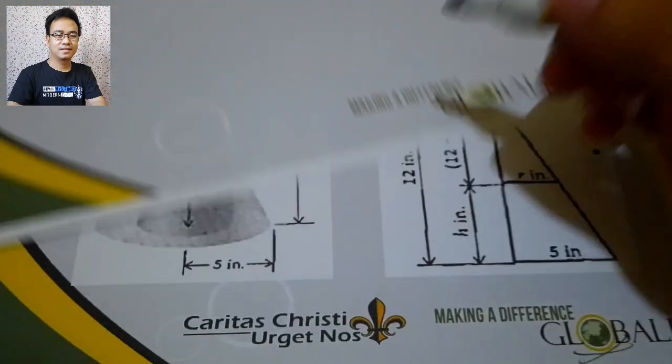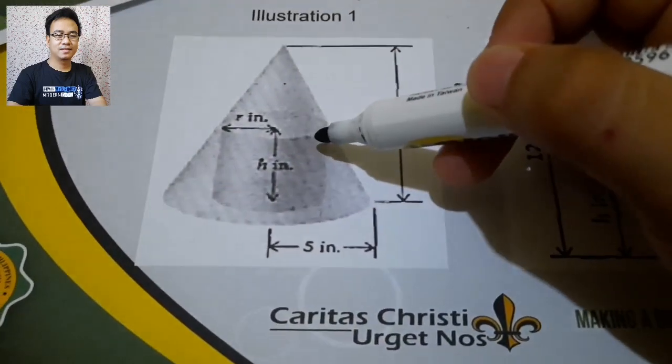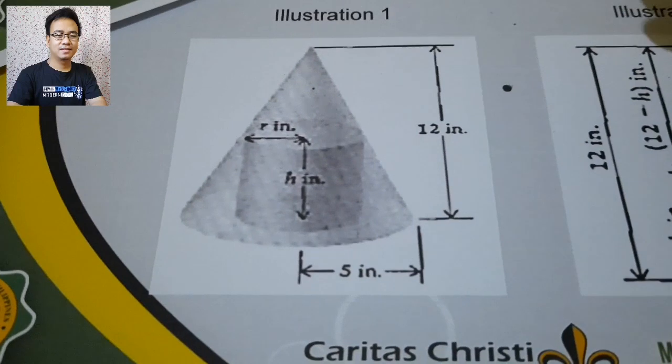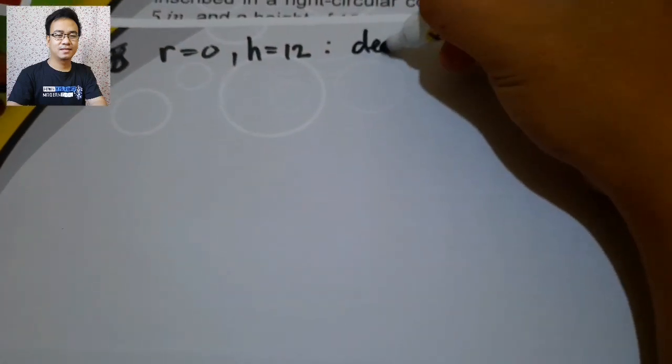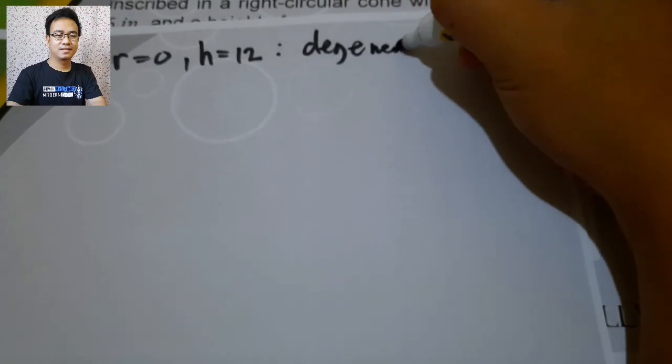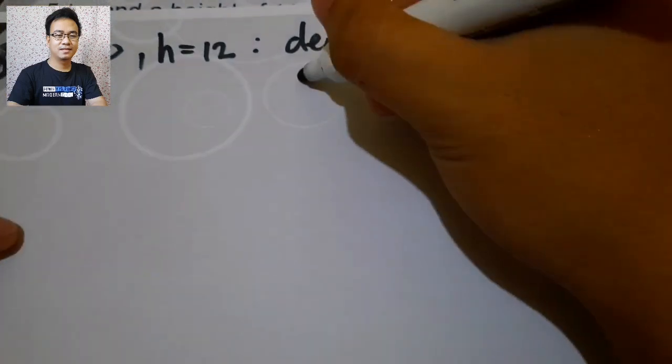Ang mangyari ngayon, kung mapapansin nyo, magiging flat siya, hindi na tayo makakabuo ng cylinder. So therefore, mangyari dyan, magkakaroon tayo ng degenerate cylinder.